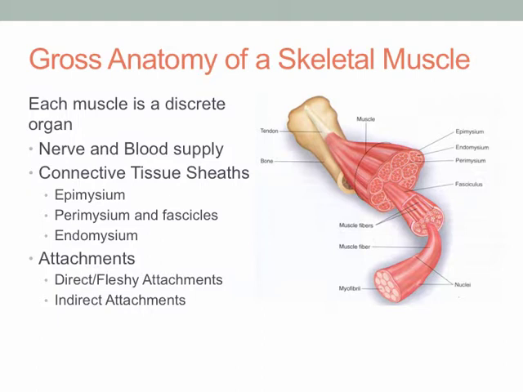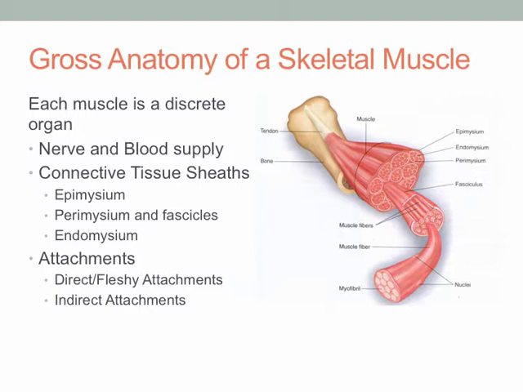Instead, they're going to pull on this network of connective tissue that ultimately turns into the tendon at either end of the muscle. Okay, so the very outer layer of the muscle is called the epimysium, and this is just a layer of connective tissue that sort of packages, shrink wraps, contains all of the muscle fibers.